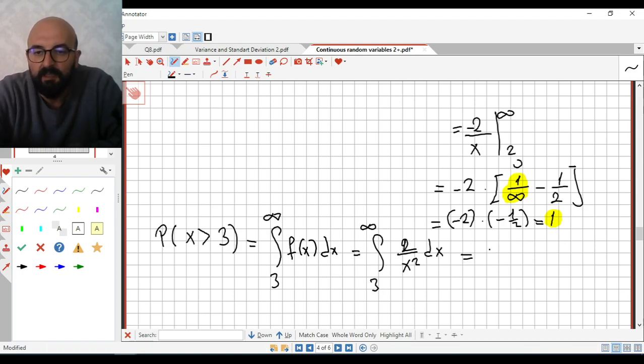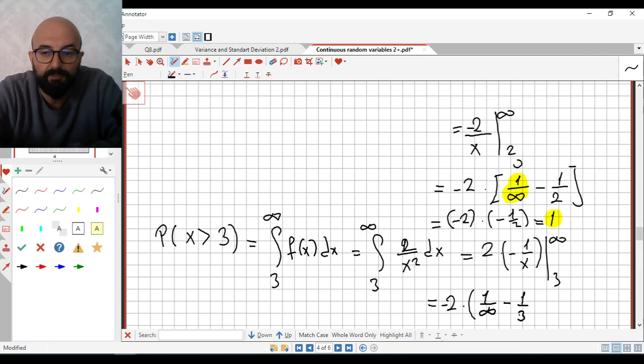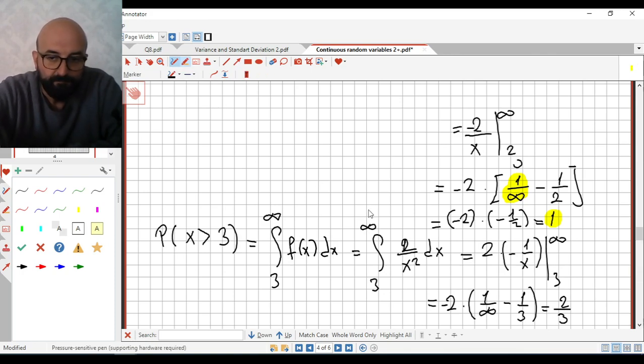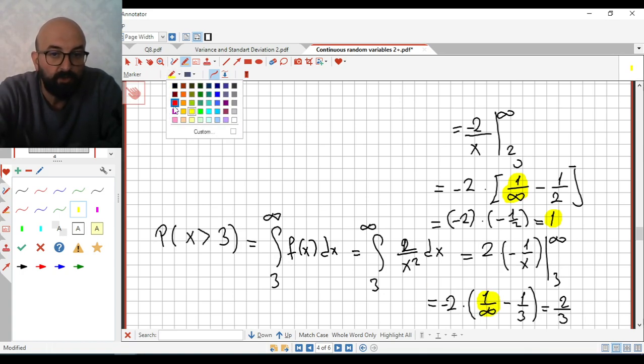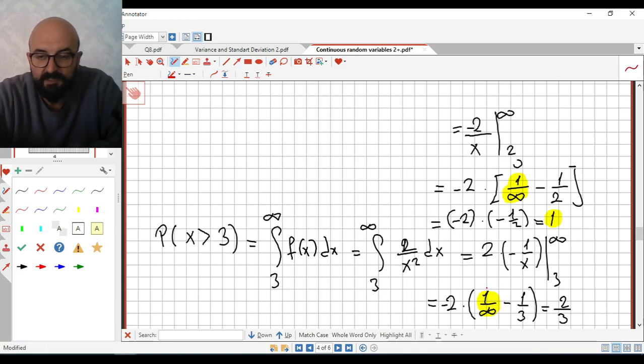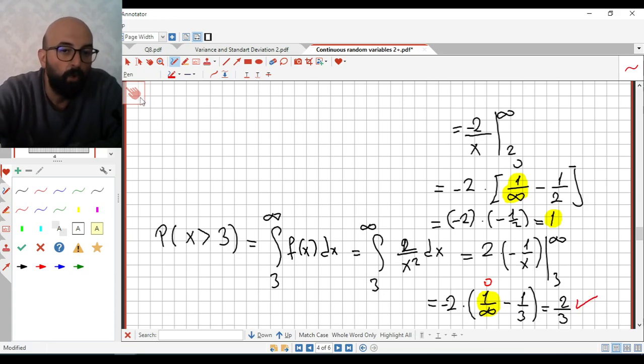The probability is 2 multiplied by negative 1 over x from 3 to infinity. So it should be negative 2 multiplied by (1 over infinity minus 1 over 3). Because 1 over infinity is 0, if I put 0 instead of 1 over infinity, I can find 2 over 3.